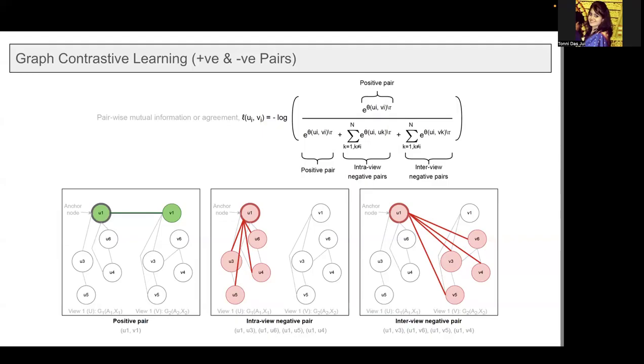So the formula is a function of negative log, so that the higher the value of this function is, the higher the overall mutual agreement score is going to be. And that fraction becomes larger when the numerator increases or the denominator decreases.